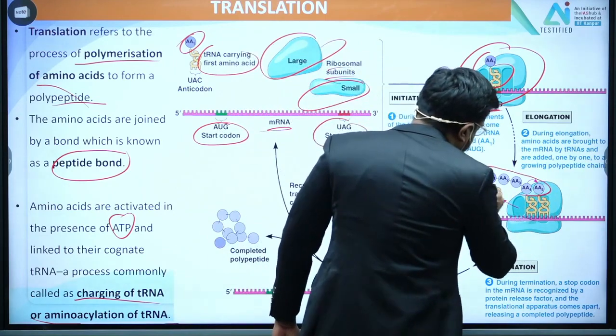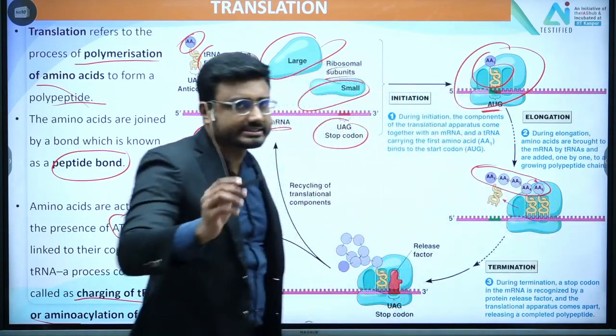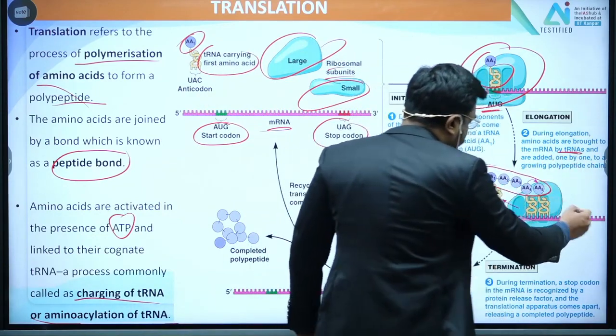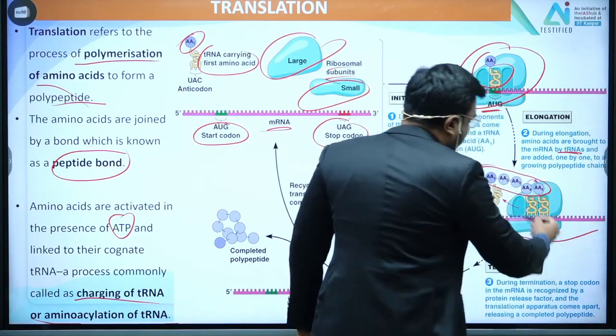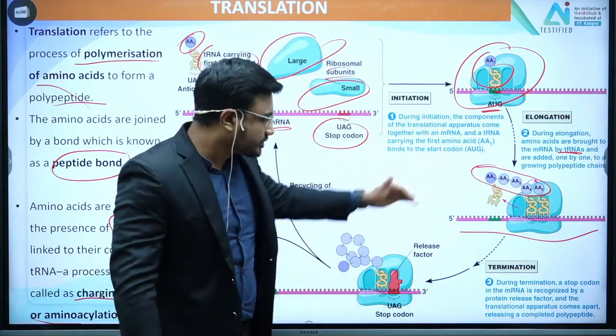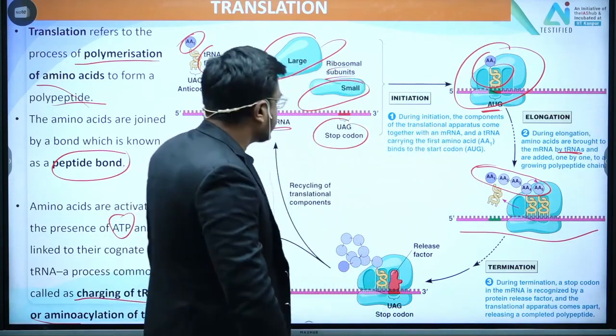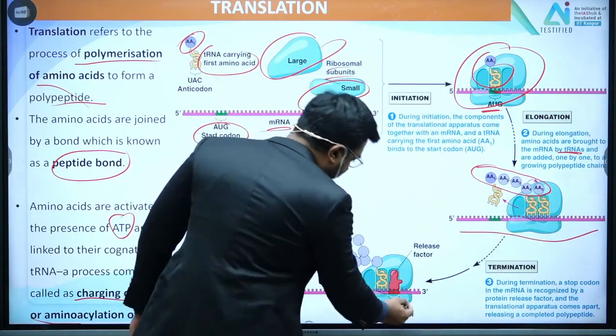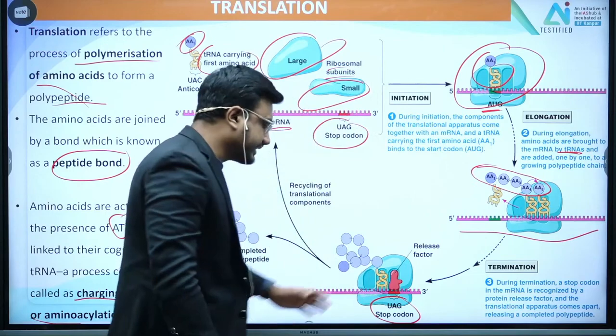Here we can see that one by one more amino acids are being brought by the tRNAs to the mRNA, and one by one we can see that the polypeptide chain is growing. In the termination process, the ribosomal unit that is present here reaches the stop codon, that is UAG.